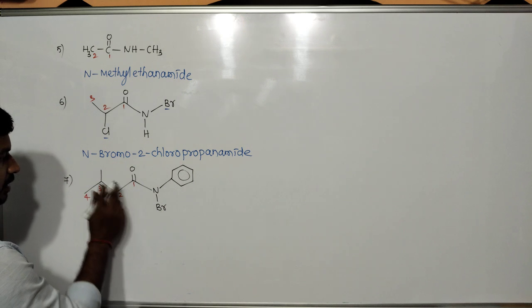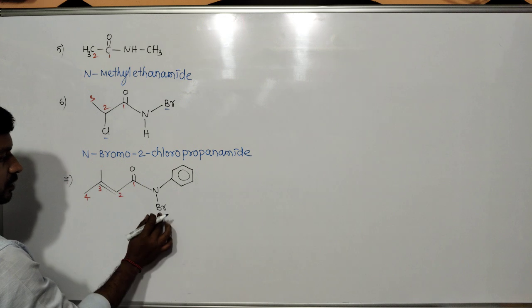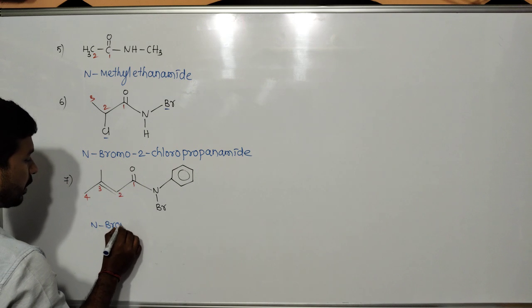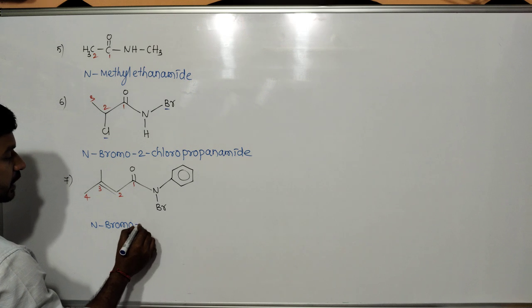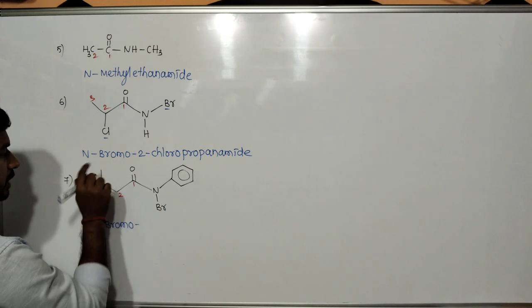B comes first. So N-bromo. Then after B, between M and P, M is the 13th letter, P the 16th letter, so M comes first.